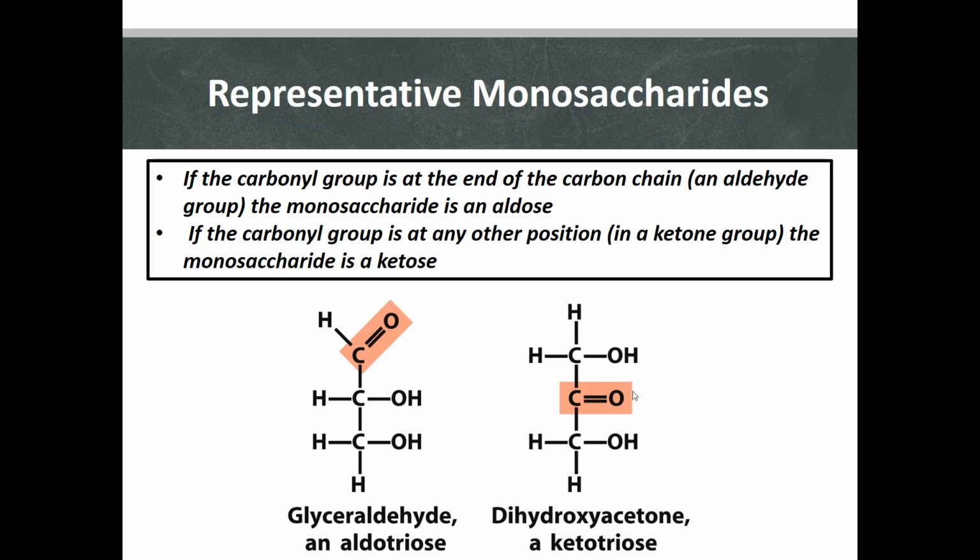And because this is a 3-carbon molecule, this is a ketotriose. So this is dihydroxyacetone. And so you'll see that glyceraldehyde versus dihydroxyacetone, these are both representative 3-carbon monosaccharides, but the real difference is where that carbonyl group is. Is it an aldehyde or is it a ketone? That would define one as an aldose versus a ketose.